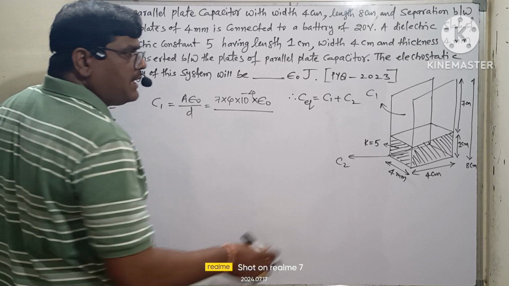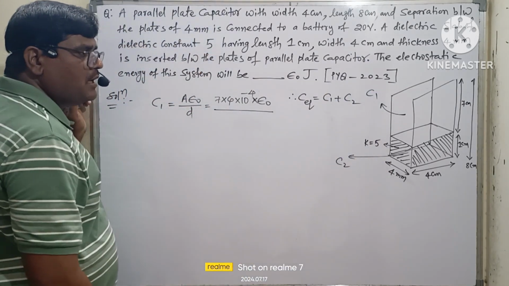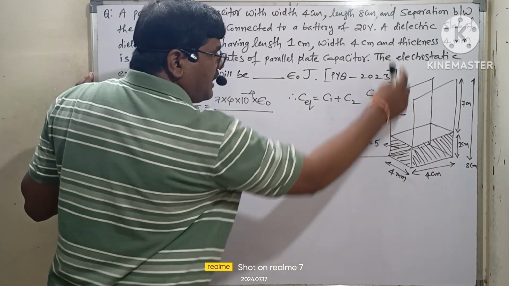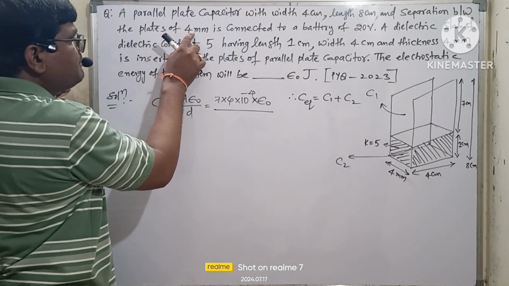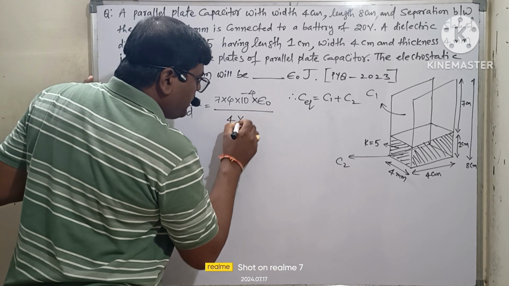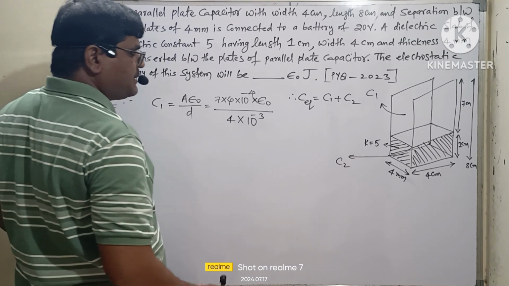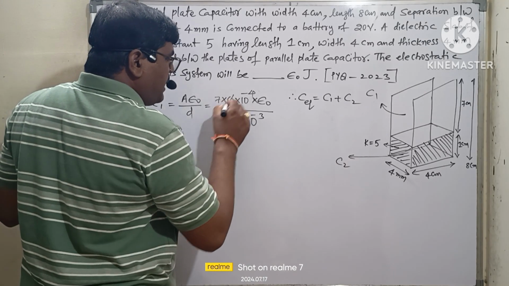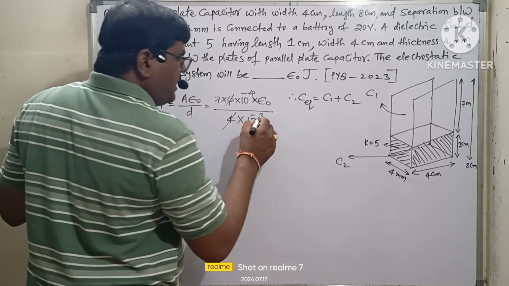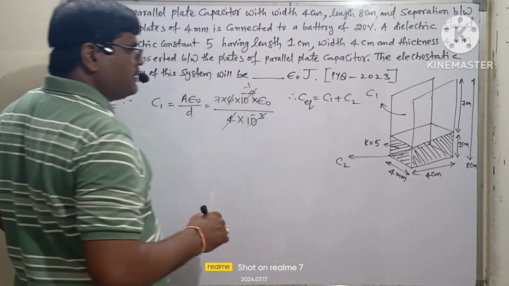Divided by d. What is d here? d is the separation between the two plates, and it is already given as 4 millimeter, which is 4 into 10 to the power of minus 3 meters. Here we can cancel the 4 and 4, and 10 to the power of minus 4 by 10 to the power of minus 3.